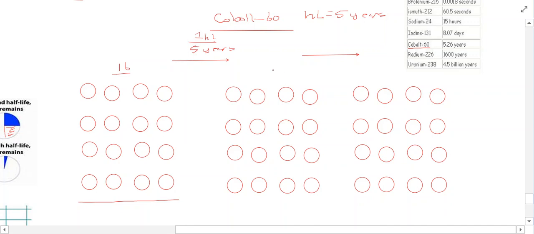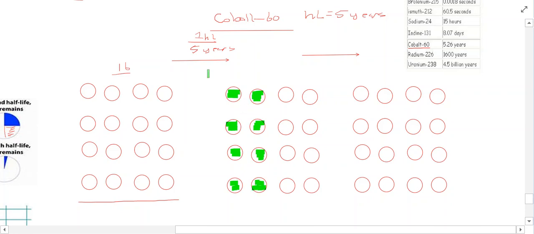What we will notice is that after we've looked at it, 50% of them will have broken down, will have decayed. The ones that have decayed, I'll just put in green here, like this.